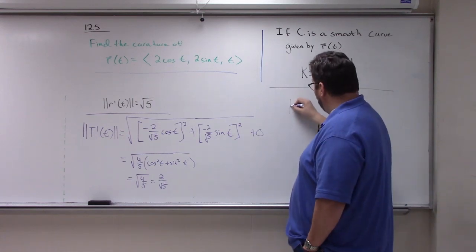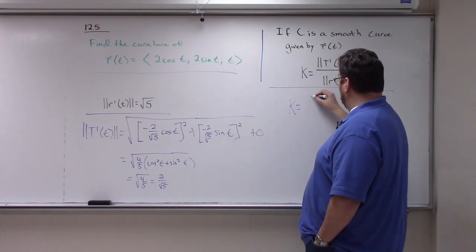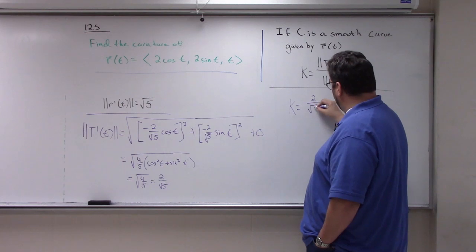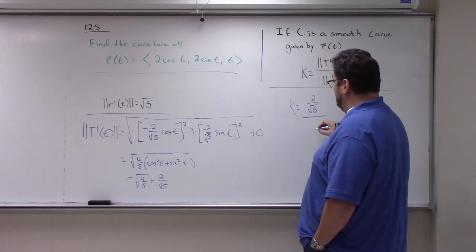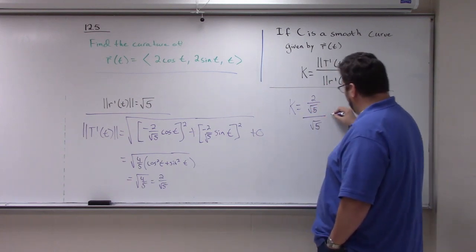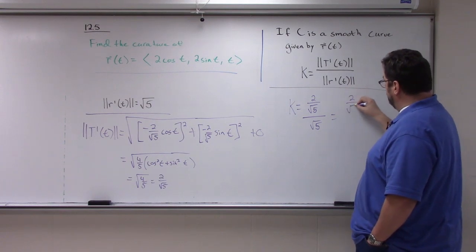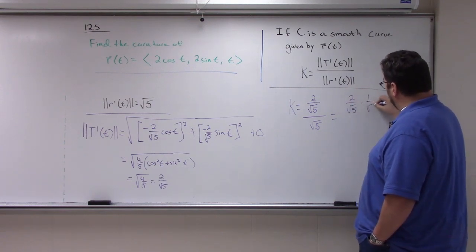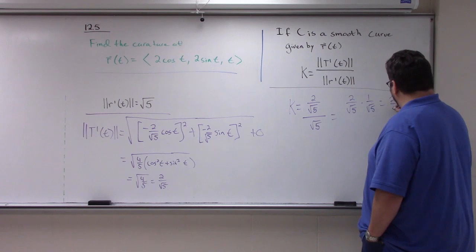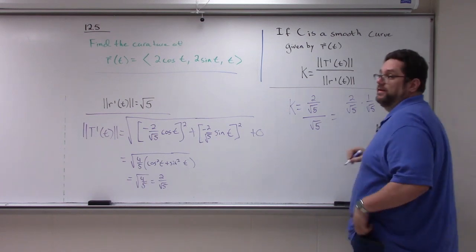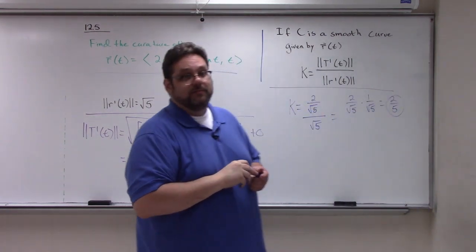So kappa is going to be 2 over the square root of 5 divided by the square root of 5, which is 2 over the square root of 5 times 1 over the square root of 5, which is 2/5, which is the exact same answer.